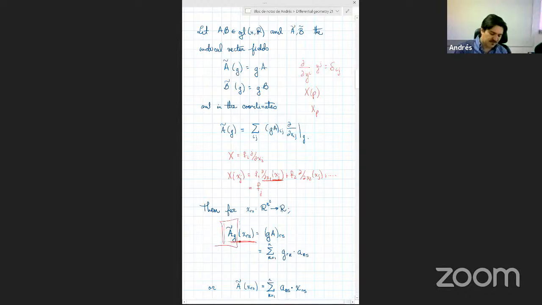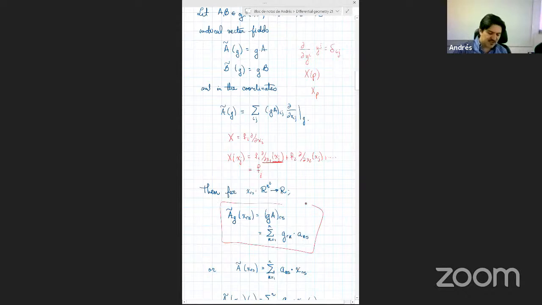I have a vector field and a smooth function, I get a function, and it looks like this. Now remember, when I have a vector field and a function, I get a function on the manifold, in this case the group. So g moves in the group, and that will give me a function. As g moves, I'm obtaining different numbers. Okay?